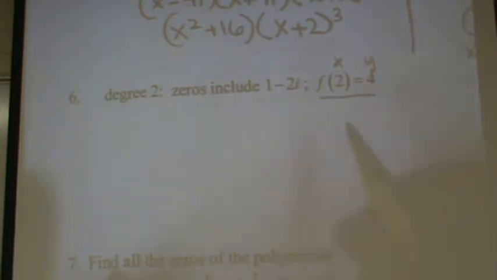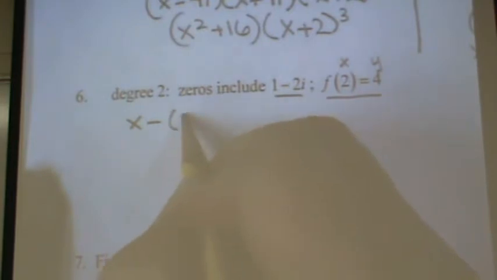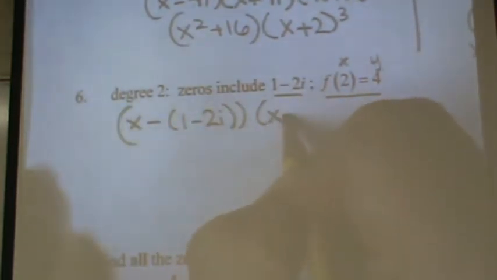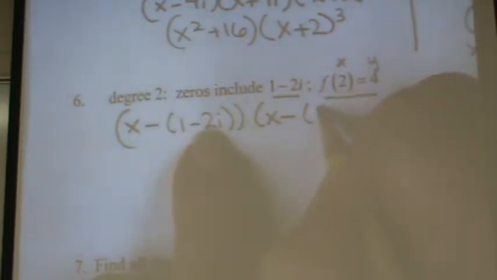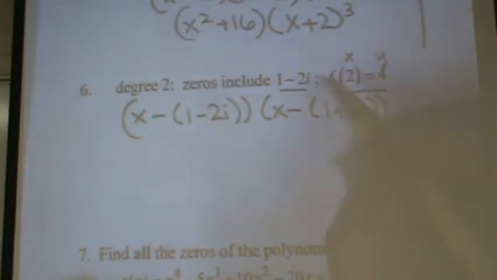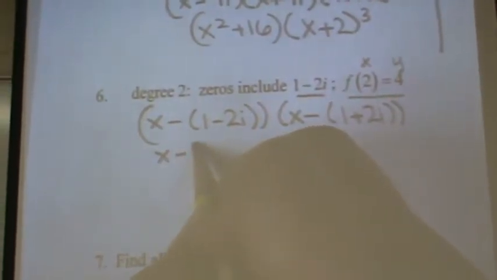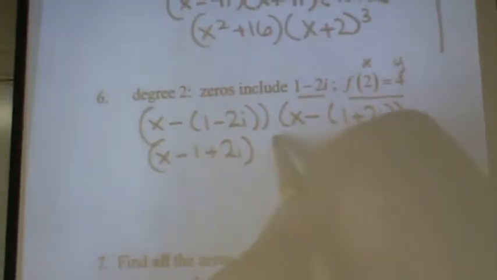Okay, so we have two zeros. We have x minus 1 minus 2i, and what else? You guys don't change these, they're both minus. And then what's this zero? x plus 2i. I need you to FOIL this out before we incorporate this. What do I do next? x minus 1 plus 2i.